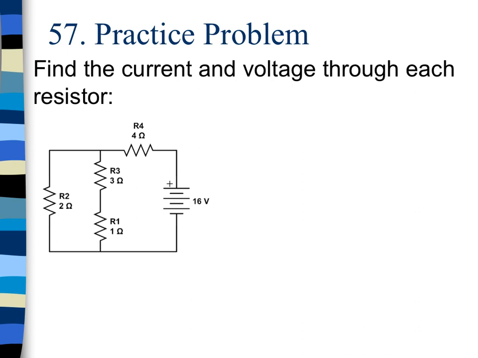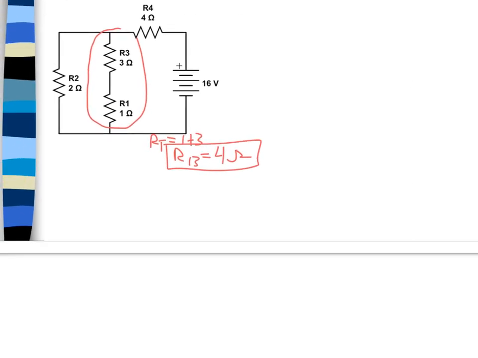All right, for this next circuit here, I'm going to start by taking a look at the R3 and R1. We can combine those in series. So I know that my total will just be 1 plus 3, which is 4, of course. And then I'm going to redraw that circuit, replacing it with that single resistor, and look for my next combination.